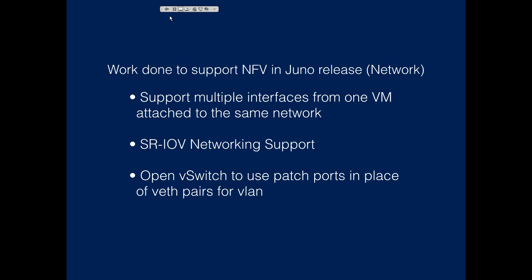The thing is that Intel DPDK accelerated vSwitch doesn't support it. It's software which increases network performance tremendously. So if you want to use it, you have to do away with the vEth pair and use patch ports instead.